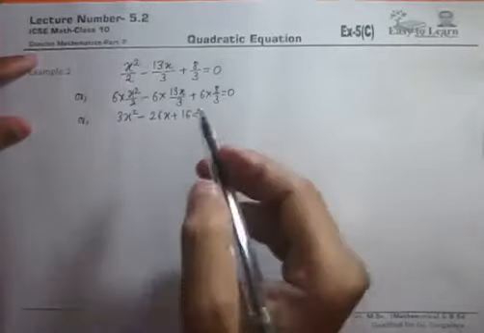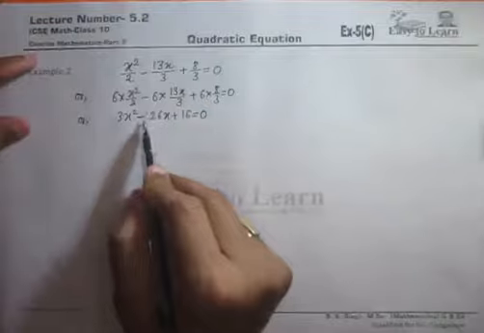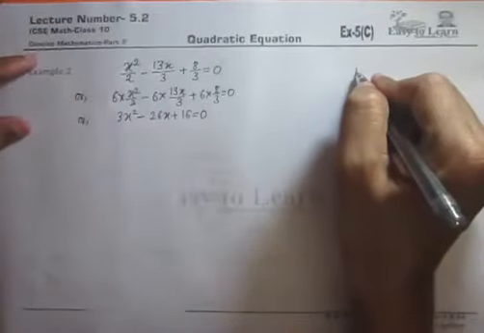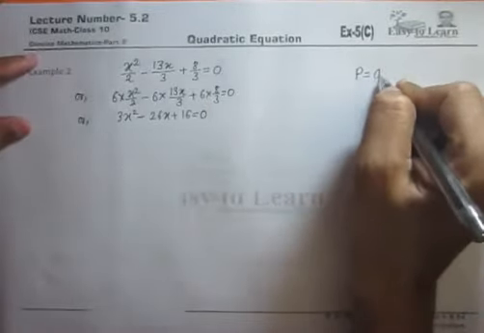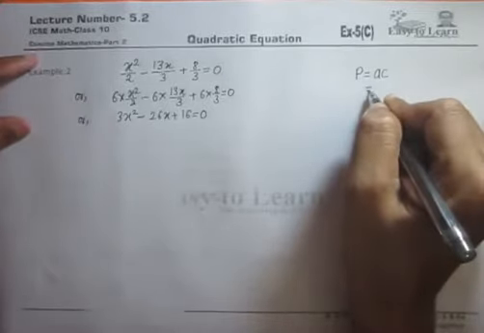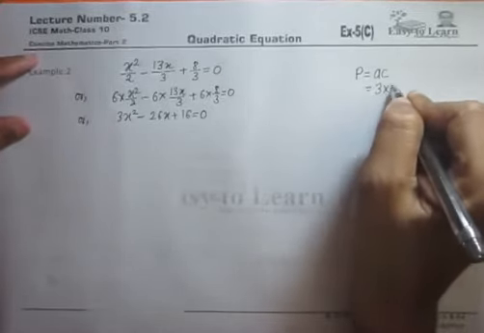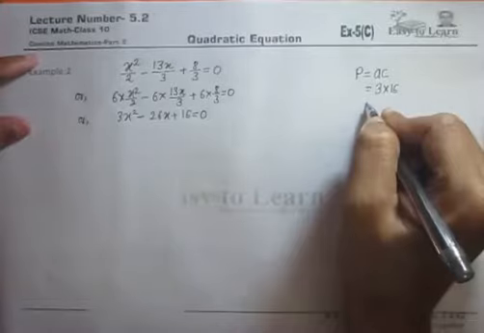Now we can factorize it, so we have to split this middle term. Here the product is the product of a and c. So a is 3 and c is 16. So here the product is positive.